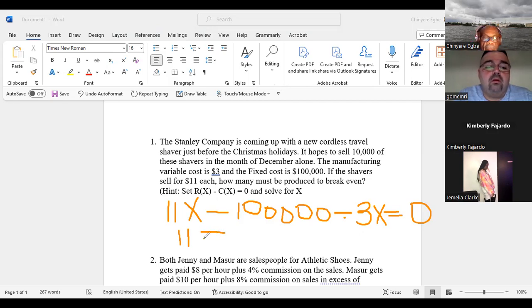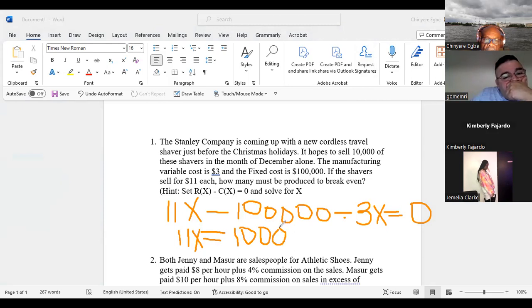It's equal to, 11x is equal to, if you take the 100,000 and the 3x to the other side of the equation, they change sign. So that becomes 100,000 plus 3x.